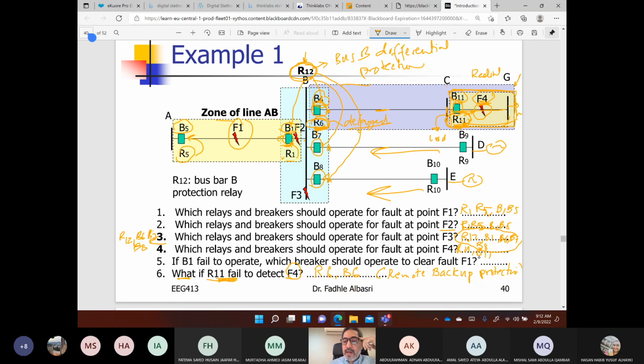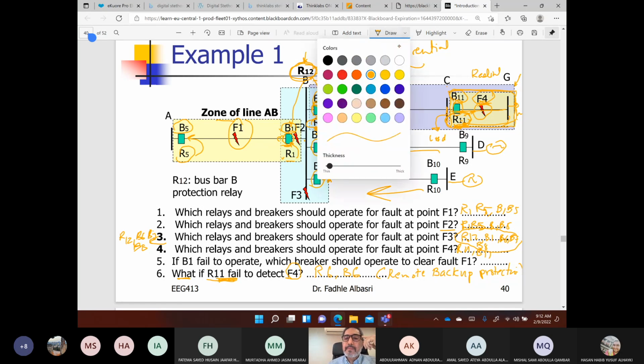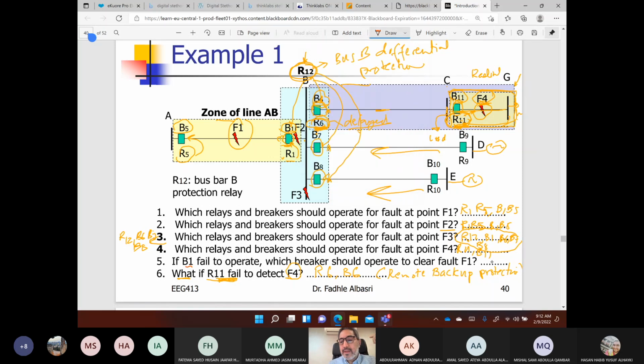In this case I will trip the breakers for P1 failure: breaker 6, breaker 7, breaker 8. And who will give these actions?